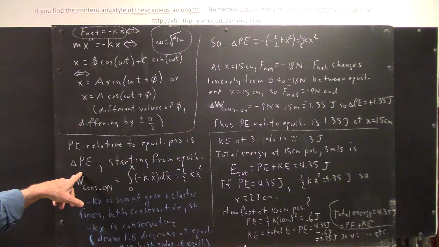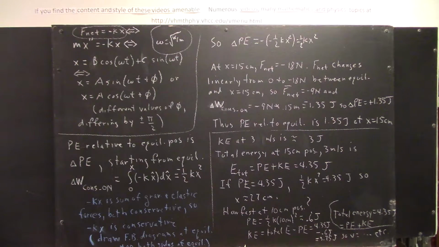You need to know the 11 words of that definition. Change in potential energy is equal and opposite to the work done on the system by the conservative force. Now that's more than 11 words. It's more like 16 or 17. It's not beyond our capability to know those 16 or 17 words so that we can apply them whenever we need them.